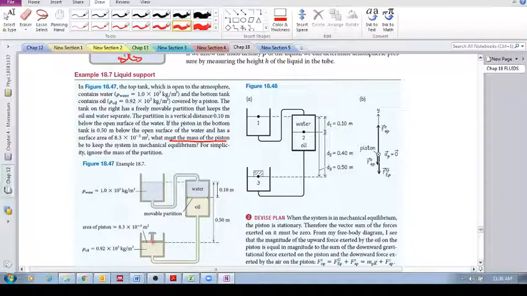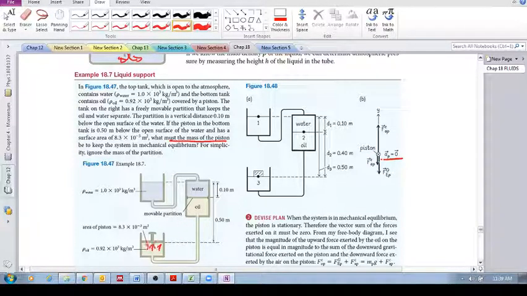Well, let's begin with this piston and say, if we assume that this piston is in equilibrium, then we draw a free body diagram. Well, we draw a free body diagram anyway, but it's in equilibrium. And what are the forces acting on this piston? Well, we've got the upward force of the pressure in this oil that's pressing up.